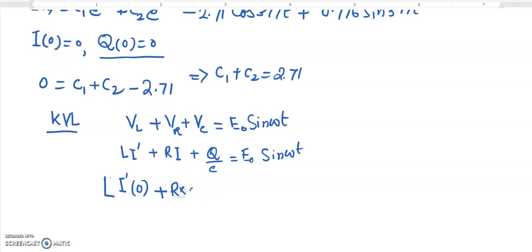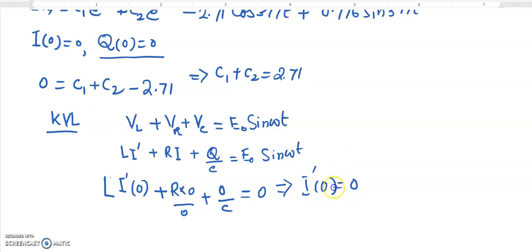So R times 0, this term will be 0, and it is already given that the charge at initial time was 0, so this term will also be 0 divided by C. And of course, at time 0 the sine term will be 0, so this will be 0. So this gives us I prime of 0, the change in current at time 0, will be 0.